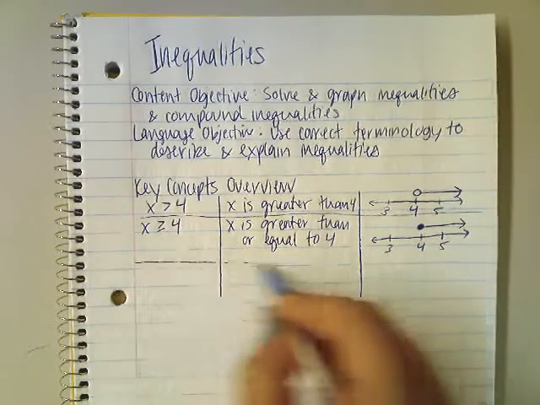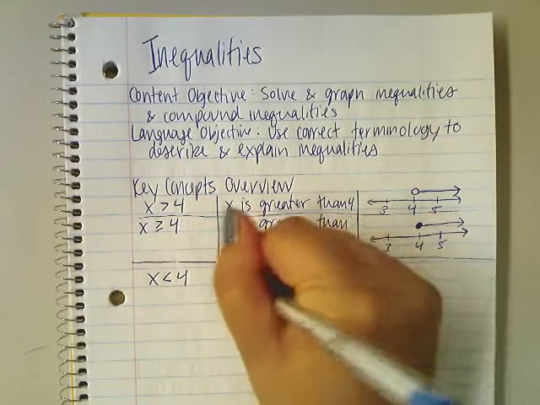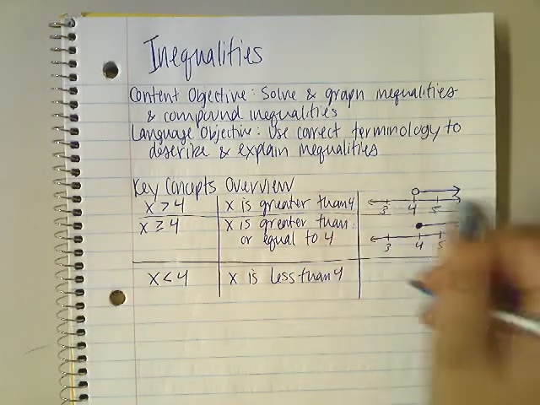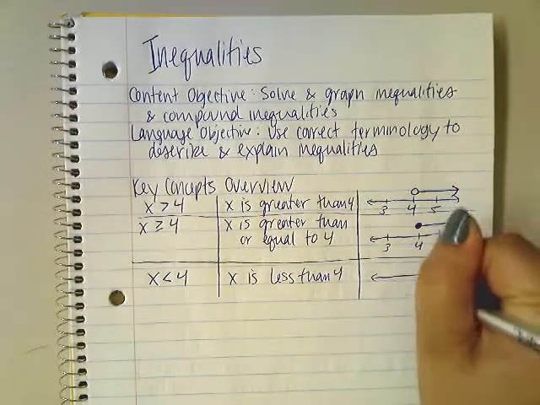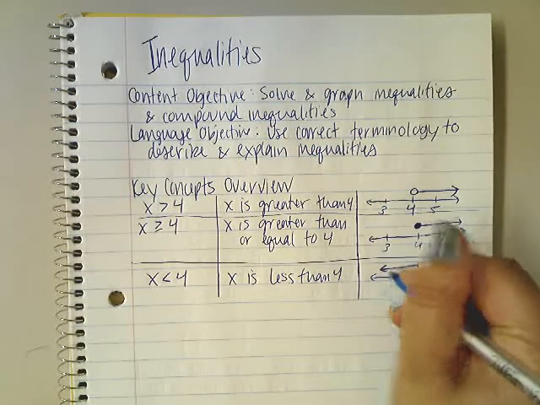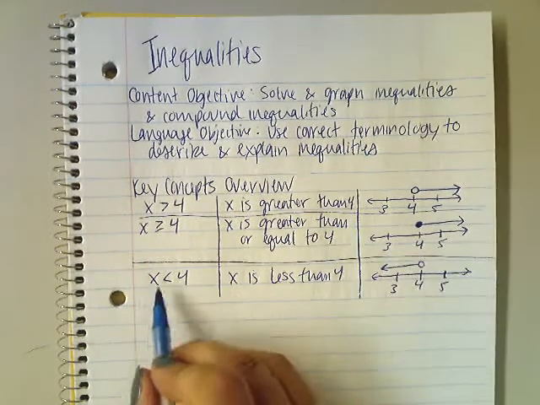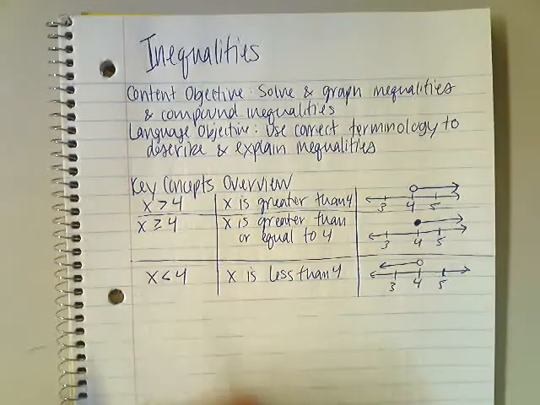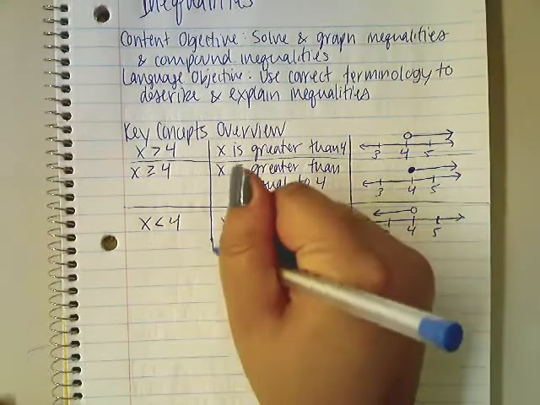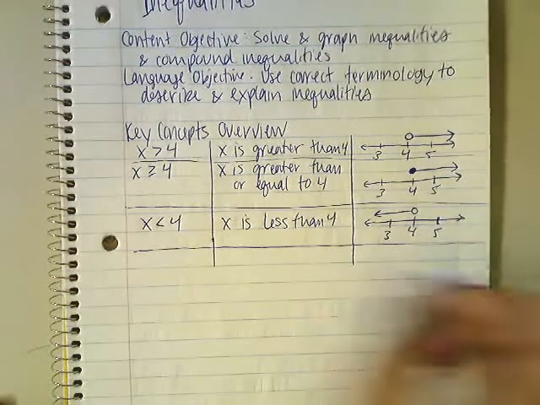So if I had x is less than 4, again, x is less than 4, then you'd have a number line, you have 4, open circle because it's not equal to, it's just less than, and then an arrow going towards the negative direction because it's less than. So the variable that you're trying to write the solution set for is going in the lesser direction. The last one is x is less than or equal to.